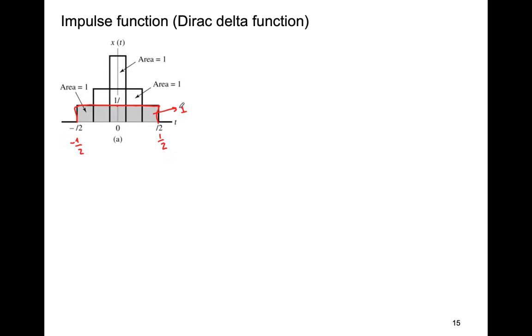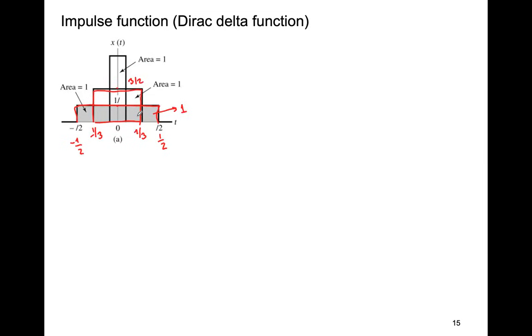If I squeeze my rectangular pulse to this point, from minus 1/3 to 1/3, now I will have 2/3 as my width here, and 3/2 as my amplitude. So the area under this will also be equal to 1.